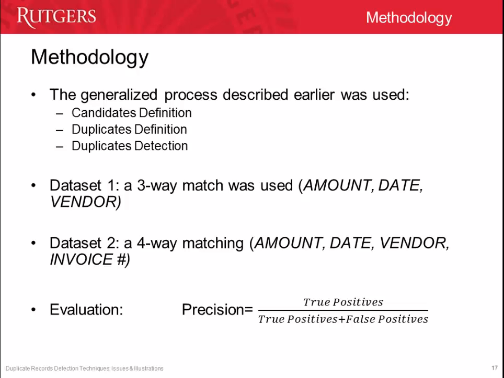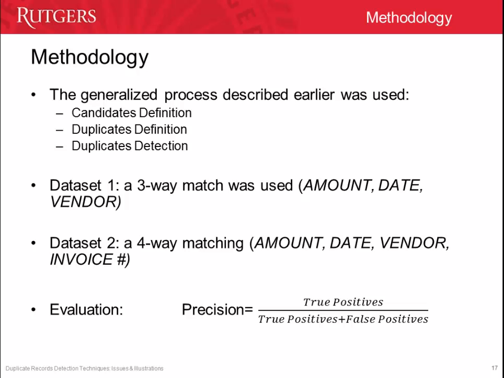Keep in mind that by amount, date, and vendor, we mean the concept of the amount, the concept of the date, and the concept of the vendor. And for dataset 2, we had to include a fourth variable. We used a 4-way matching, which is the amount, date, vendor, and invoice number.